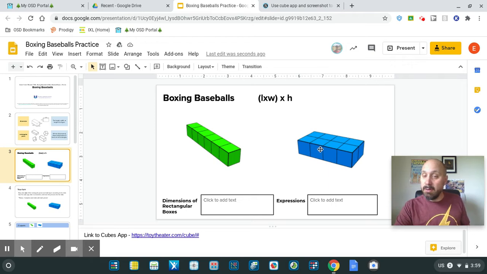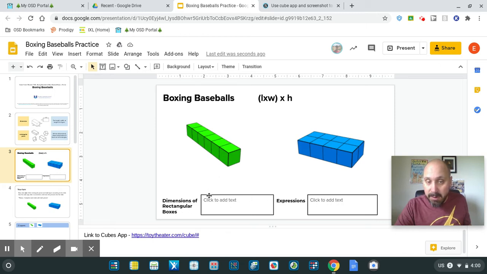Two different rectangular prisms. As we move forward through the slides, you are going to start adding layers to either the green one or the blue one. You get to choose, taking a picture in the Cube app and then inserting those into the slides.